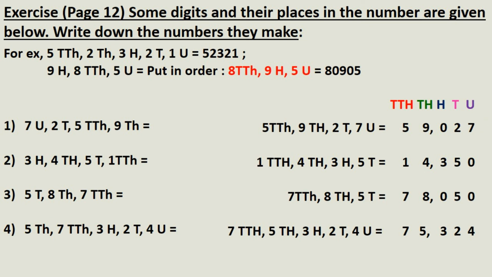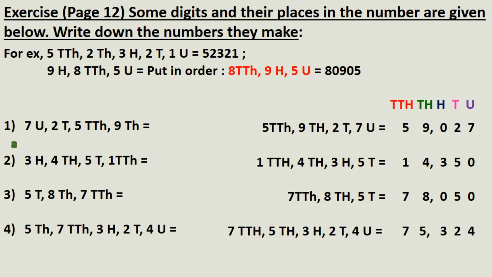So the number that we get in standard number form is 59,027. You will notice that it is 0 in hundreds place as there is no digit given as 100.